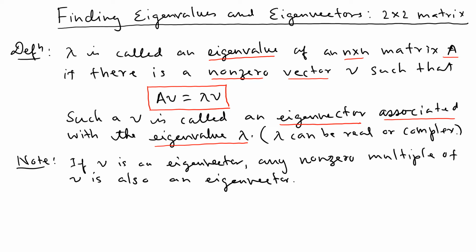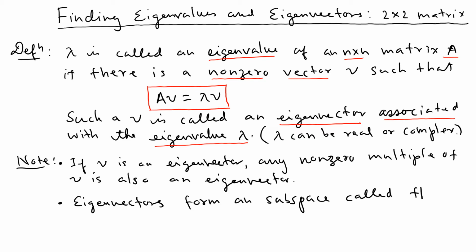And if you know a little more linear algebra, there's another fact. The eigenvectors form a subspace called the eigenspace.